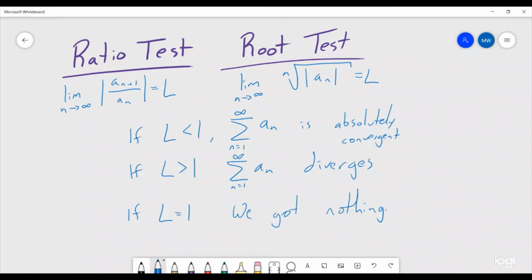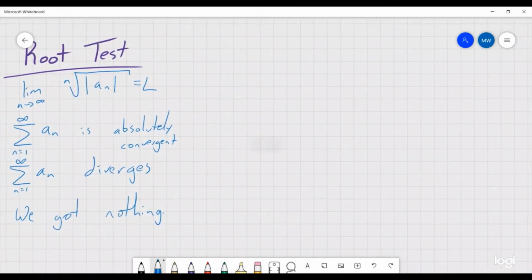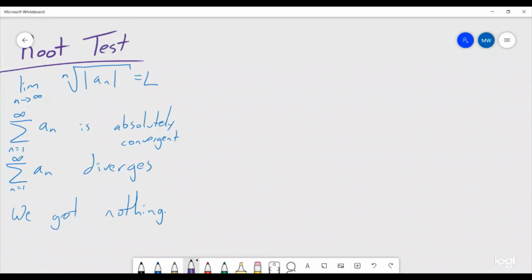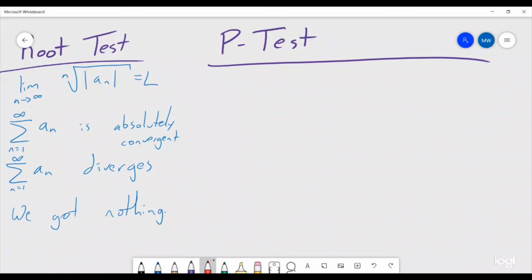We got the p-test. So the p-test has a couple different situations, and the p-test is a name for 3 slightly different tests for 3 slightly different things.